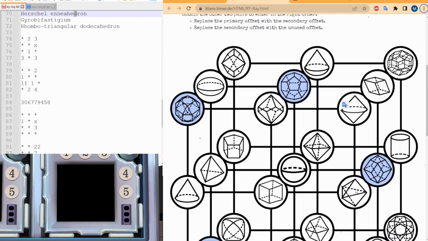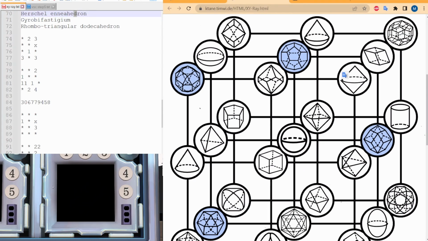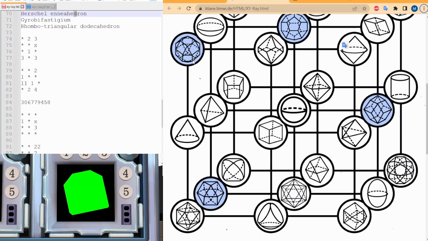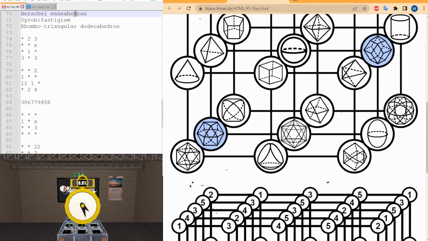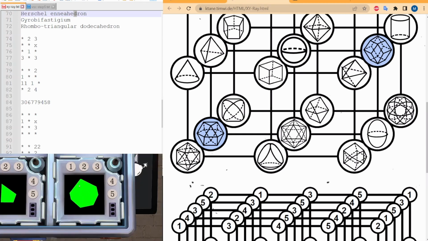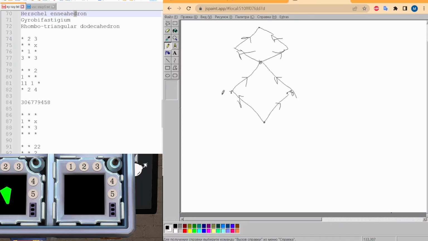Well, what I do is see what's between those squares on the left and right. Okay, this shape right here. So look at this vertex. What it does.